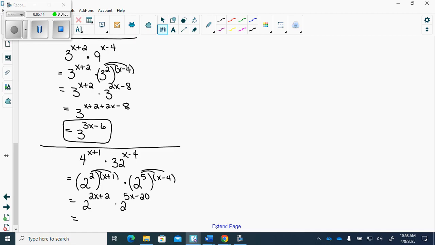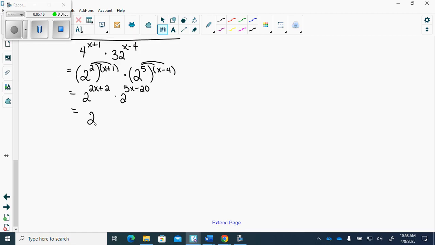Same base, add exponents. So I can get 2 to the 2x plus 2 plus 5x minus 20. So it equals 2 to the 7x minus 18. Yeah?